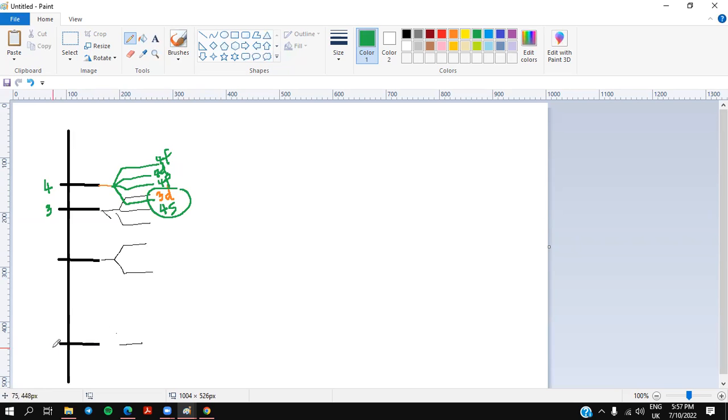Quantum numbers appear in the sequence of 1, 2, 3, 4. But here, I'll do this complete thing, you will understand this better. 1s, 2s, 2p, 3s. Now see, it comes up in an order. After 3s, we get 4s and 3d.